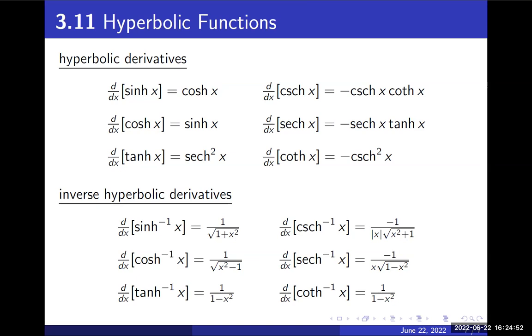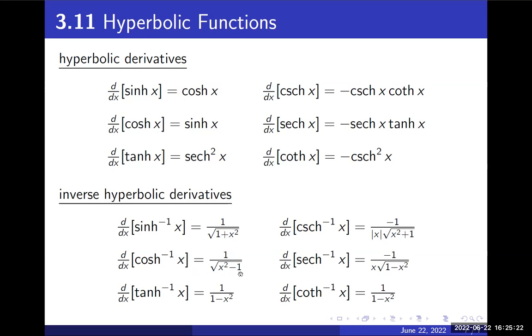Okay, let's talk about these last few. These are not so easy to remember. There's not the same patterns. If you look at the derivative of inverse sinh x, 1 over square root of 1 plus x squared. The derivative of inverse sine x is 1 over square root of 1 minus x squared. So that minus turned to a plus. But the derivative of inverse cosh x is quite a bit different.